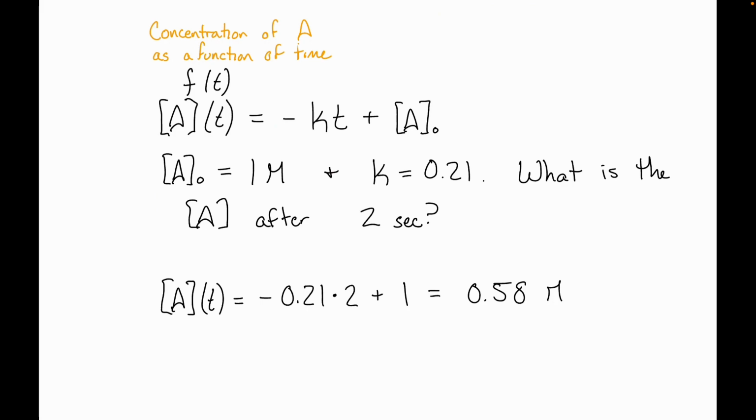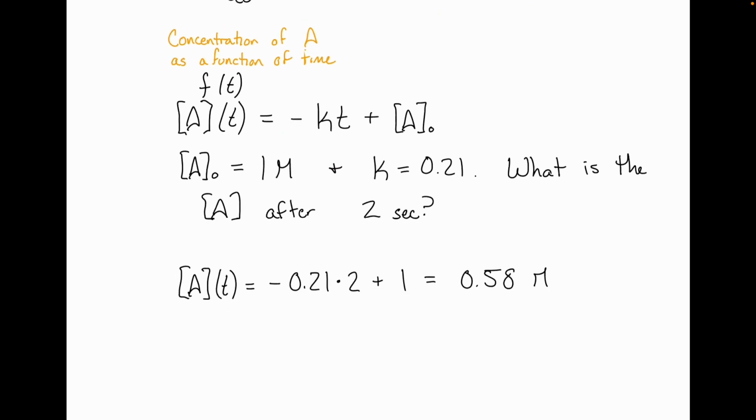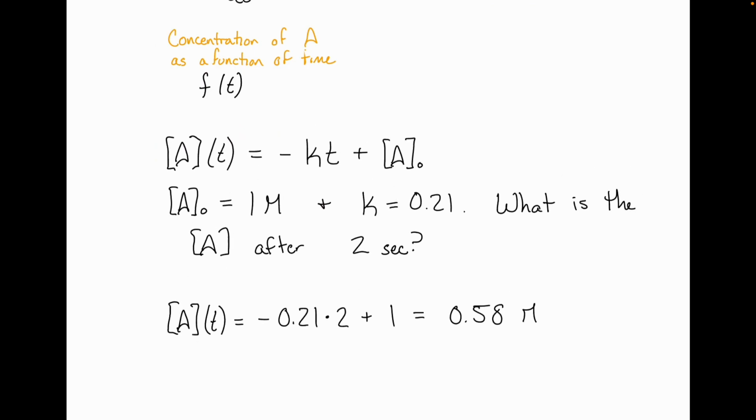Now, because this is a 0th order reaction, I think everybody hopefully can see just by this equation that it's going to be linear with respect to time, a straight line.